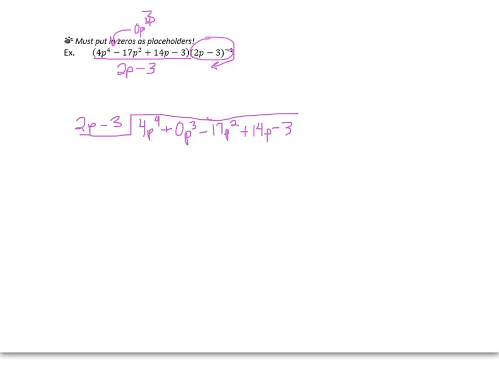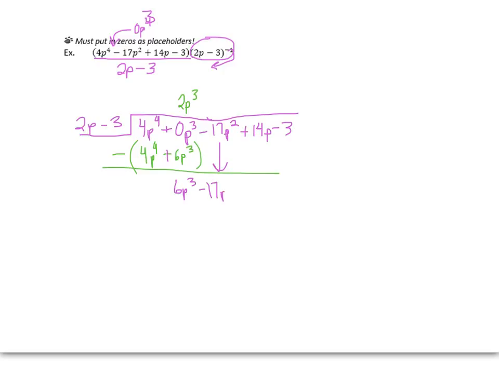We need to know, what do I multiply 2p by to get 4p to the fourth, which would be 2p cubed. So I multiply and get 4p to the fourth minus 6p cubed, and I'm going to subtract those. So that means that this is really a positive 6p cubed for my next step.